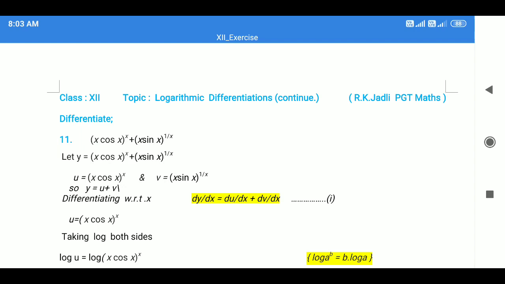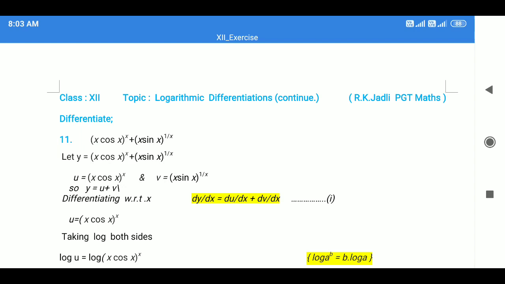Here the functions are in addition form, so we cannot take log directly. Log is taken directly when the function is in power form or multiplication form.